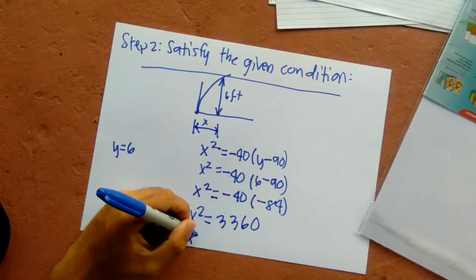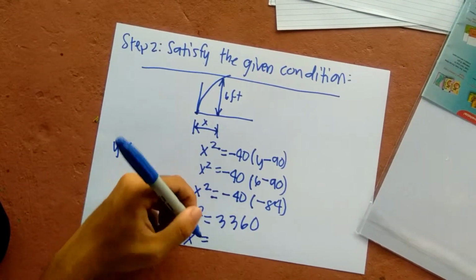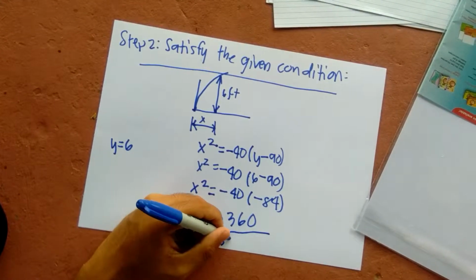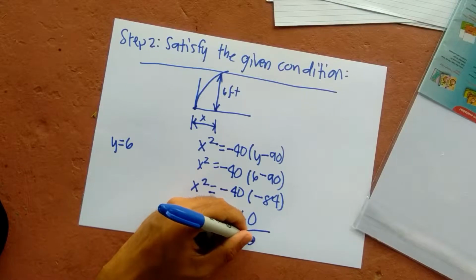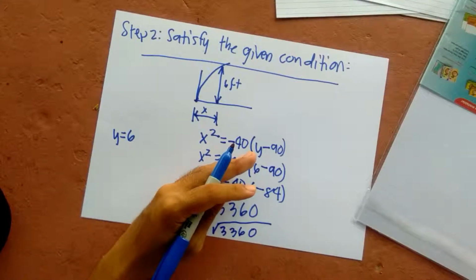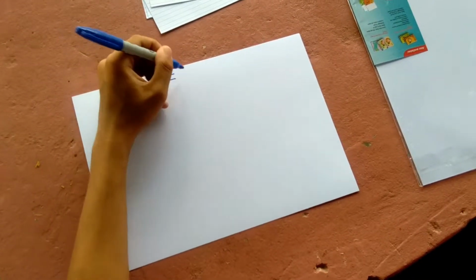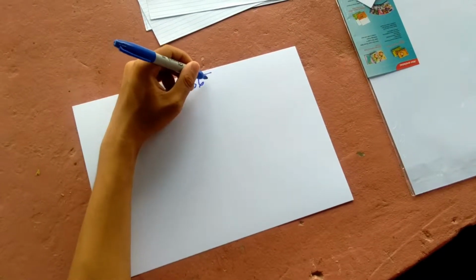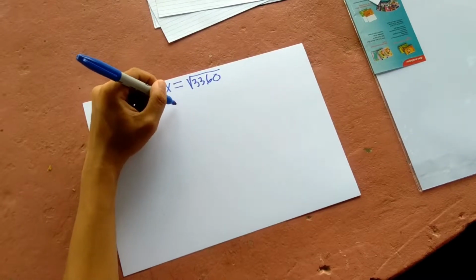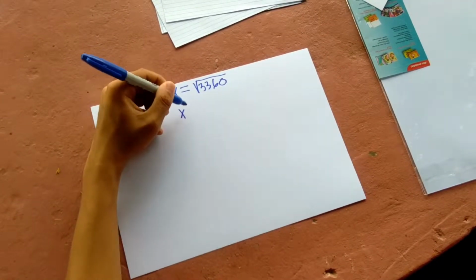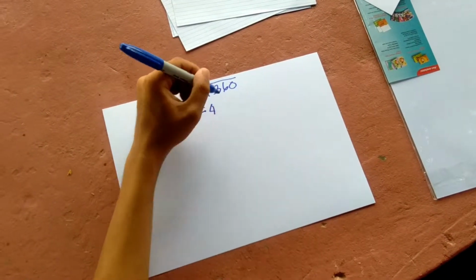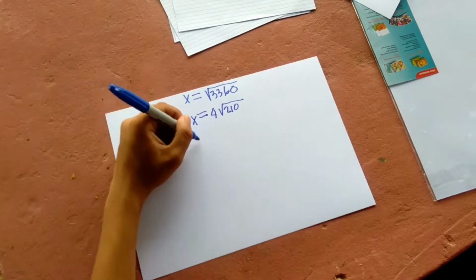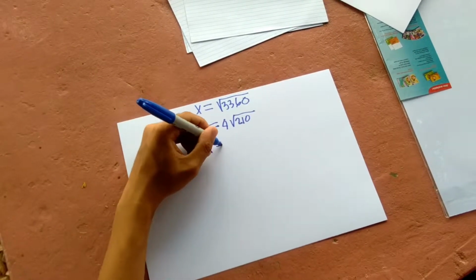So x is equal to the square root of 3,360, or in simplified terms, x = 4 times the square root of 210, which is a value of approximately 57.97.